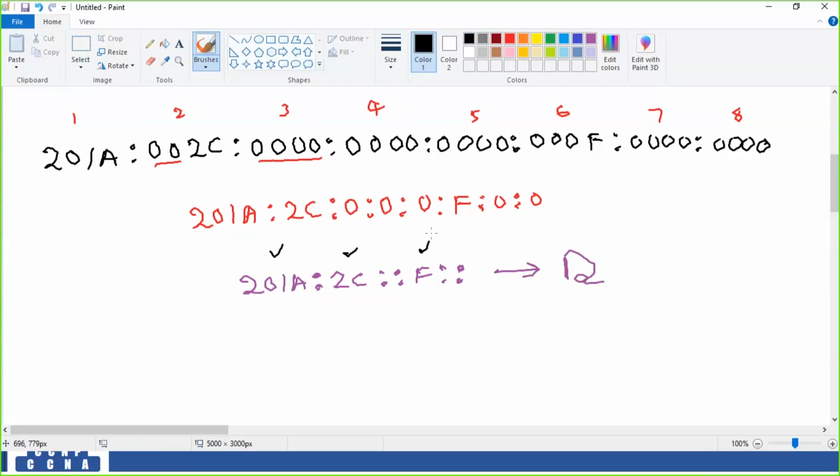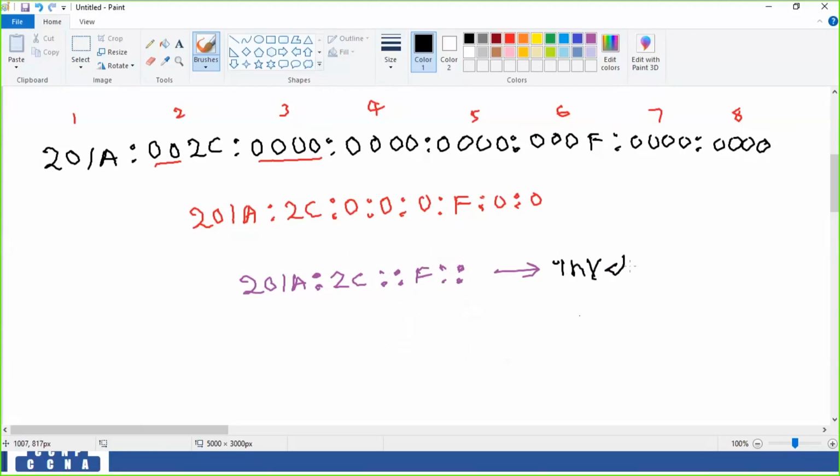Where are the 5 fields? A double colon is representing that. Does it mean here are 5 fields, or here? Here 2 fields, here 3, or here 3, here 2. Where exactly are the 5 fields? The device is confused. So that's an invalid IPv6 address.